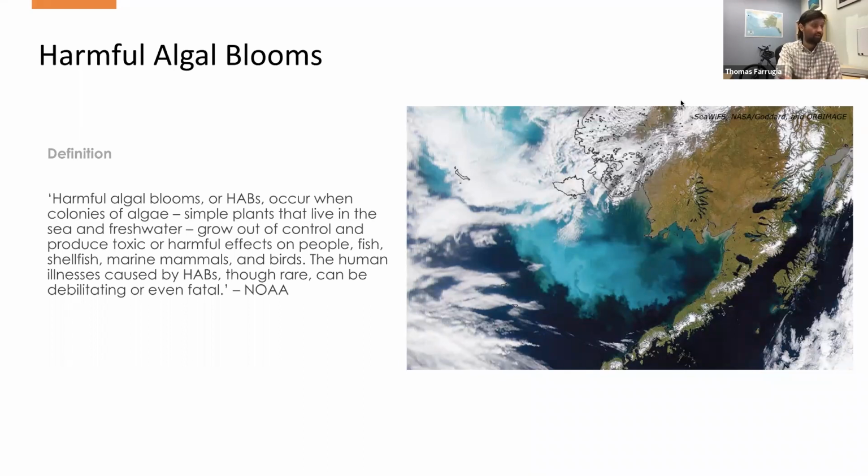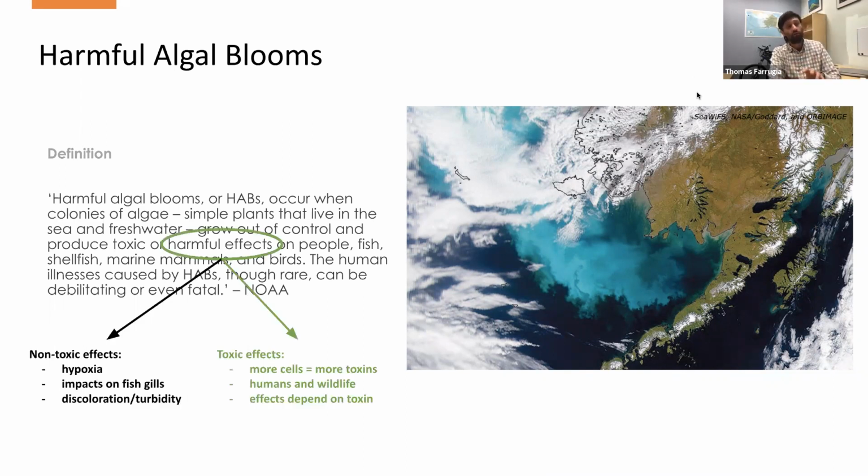And these can cause illness in humans as well as in other organisms. But it's important to remember also that algal blooms are not always harmful. In fact, this picture here is of a non-harmful algal bloom, and this is just the spring bloom in the Bering Sea, which is an integral part of the ecosystem, really.